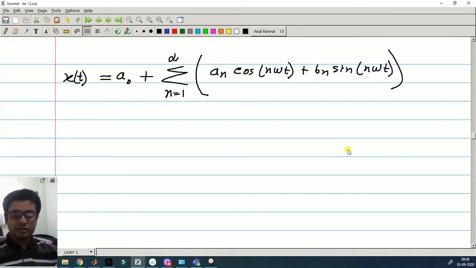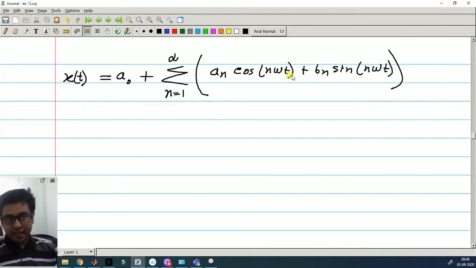Welcome back. Please recall, yesterday we learned that almost any periodic signal x(t) can be written as a sum of sine and cosine signals with different frequencies.